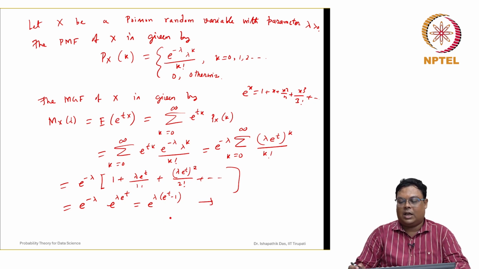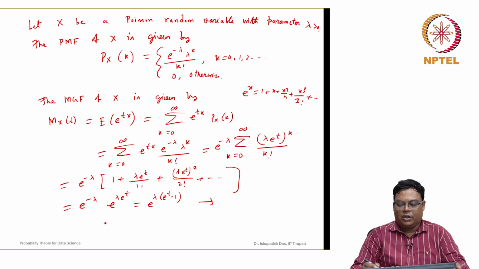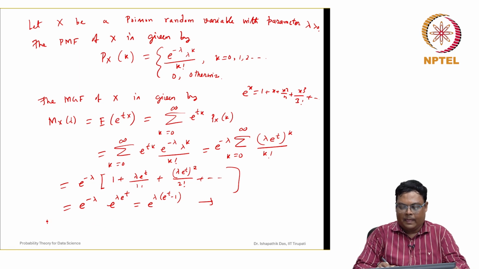So suppose this is the form of the moment generating function of a Poisson random variable. Suppose one random variable, w, has moment generating function m_w(t).